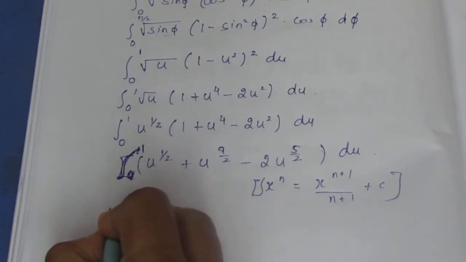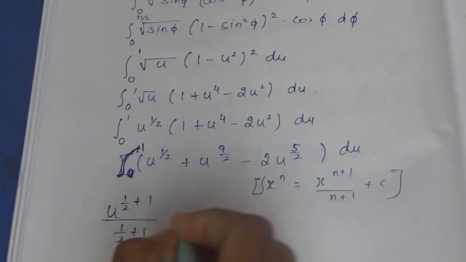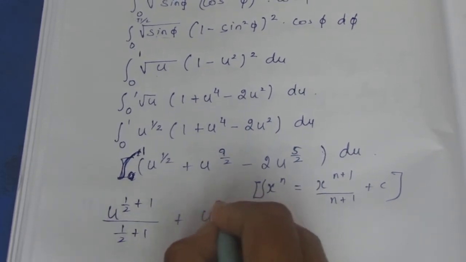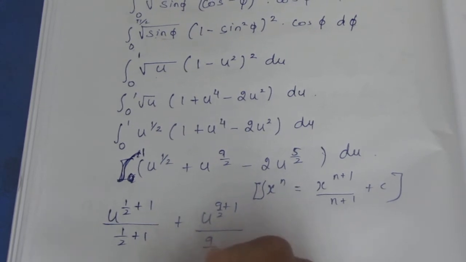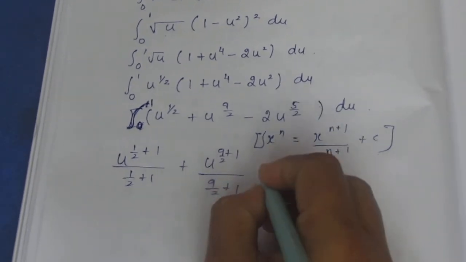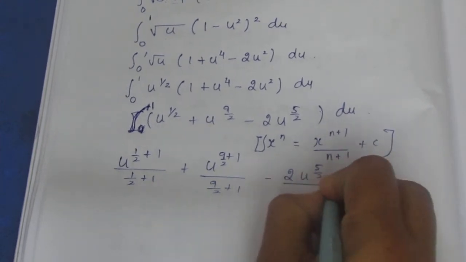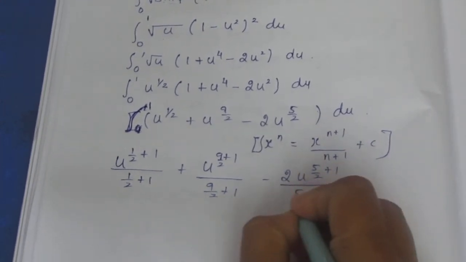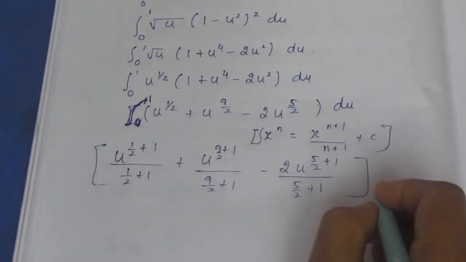So this becomes u power 1 by 2 plus 1 by 1 by 2 plus 1. Here u power 9 by 2 plus 1 by 9 by 2 plus 1. Here this becomes minus 2 u power 5 by 2 plus 1 by 5 by 2 plus 1 from 0 to 1.